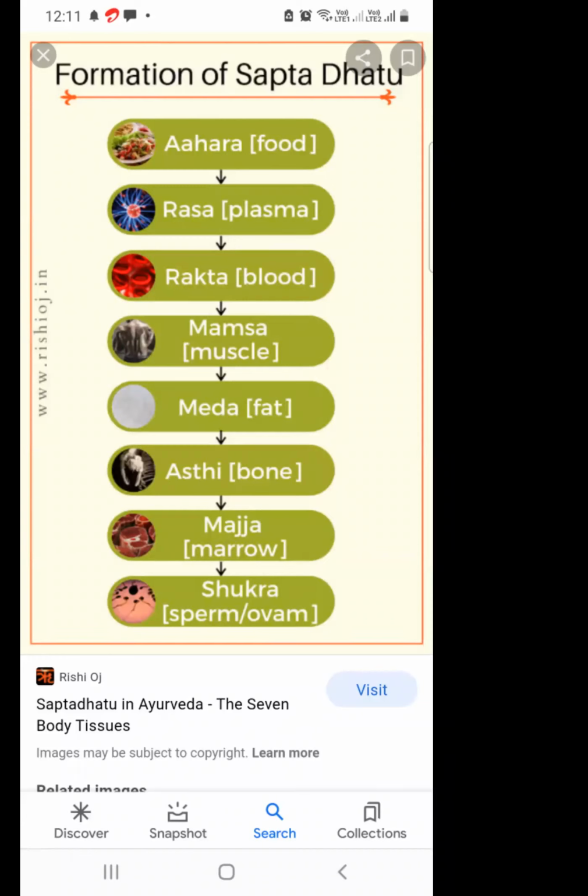Then because blood becomes mamsa, it reaches the muscle level, then the fat level, then med, then your bones are going to be affected, and then your bone marrow, where the red blood cells and immune system are strengthened, that is also affected, and then your sexual reproductive organs are also going to be affected. So this whole procedure, one disease affects every layer.